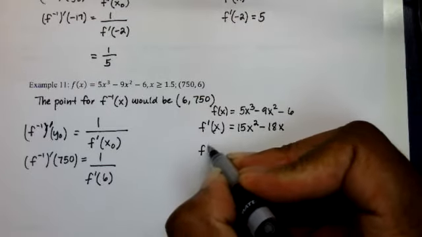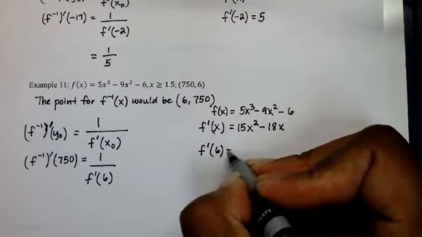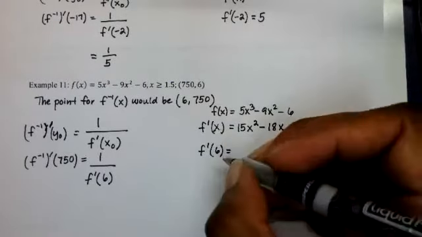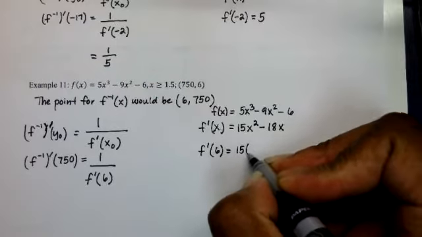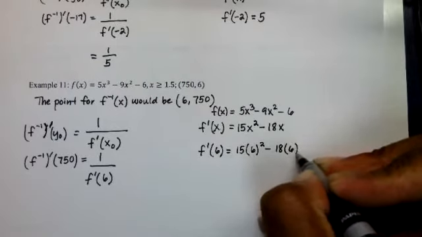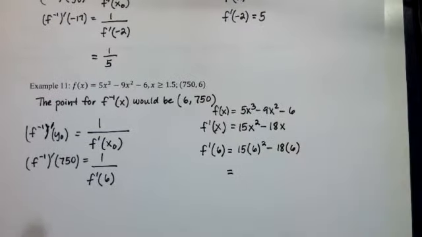And now we can find out what the value of f prime of 6 will be. So here we just substitute each x with 6. We can use our graphing utility to calculate 15 times 6 squared minus 18 times 6.